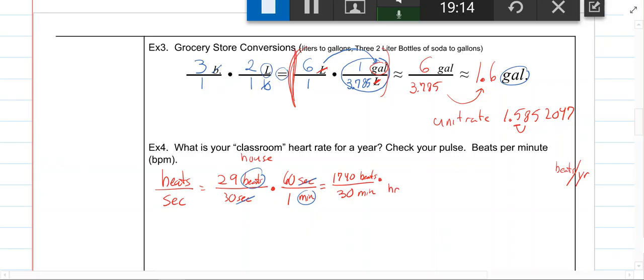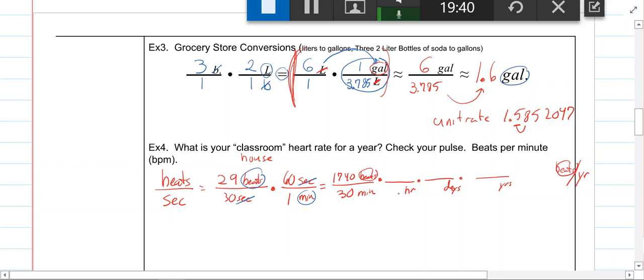Oops, I did not give myself room there. And then hours are going to be changed into days. And then days are going to be changed into years. And then I'm going to have my answer, I think, because I already have beats on top and I want beats up here. So there's not going to be any changing of the top.